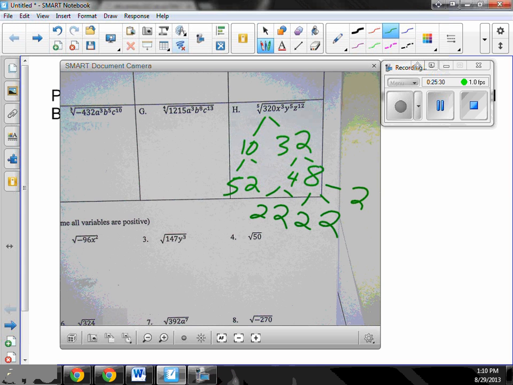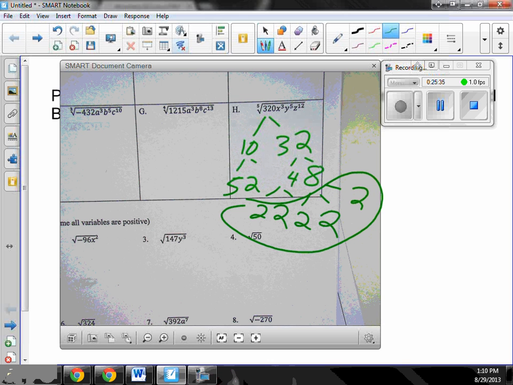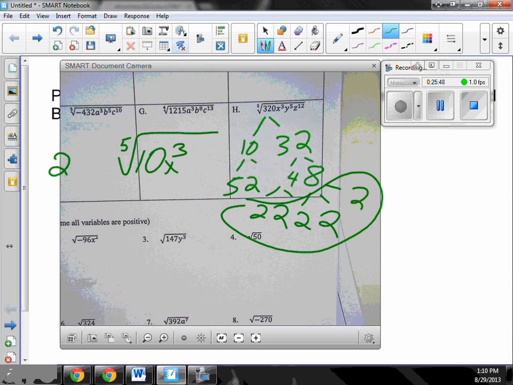Yep, right here. So I can pull out a 2, and I'm leaving in a 10. This is a fifth root. I don't have enough x's, so the x's remain inside. I have enough for one group of y with nothing left over, and I have enough for 2 groups of z. How many z's would I have left over? 2 left over.